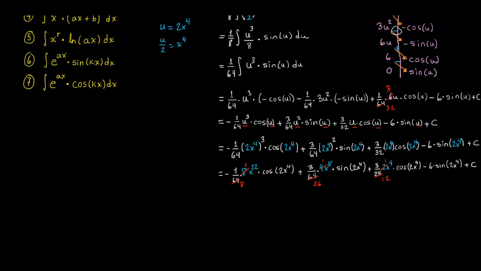Okay, now the last thing remaining will be just to write this down. Everything super simplified will be 1 over 8 times x to the 12 times cosine of 2 times x to the fourth plus 3 over 16 times sine of 2 times x to the fourth, plus 3 over 12.